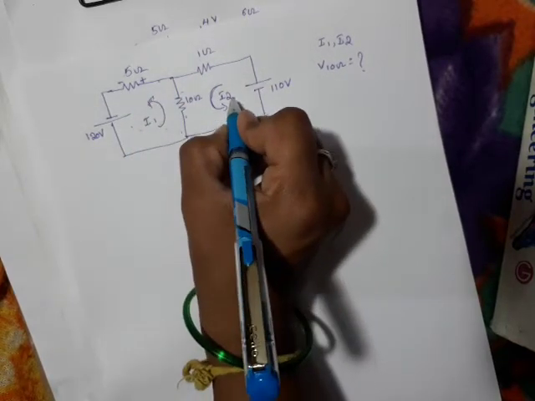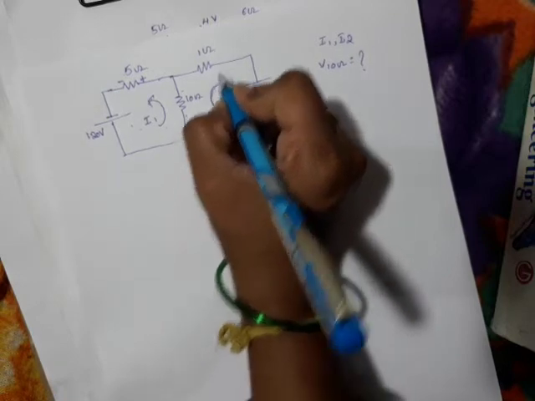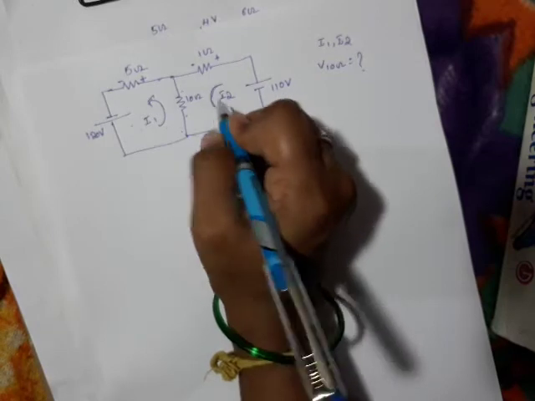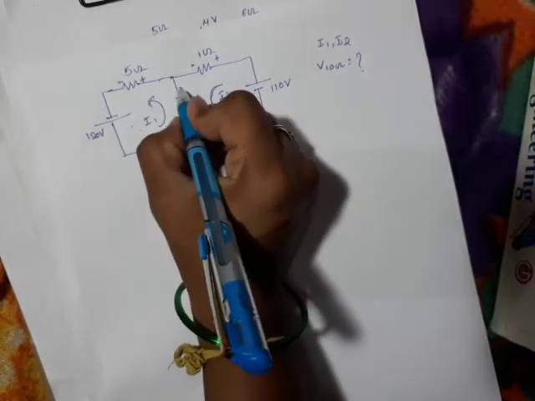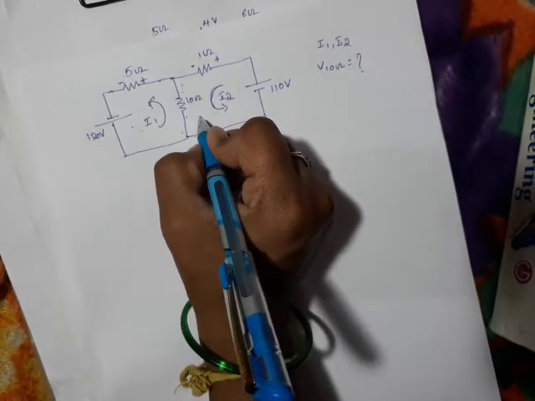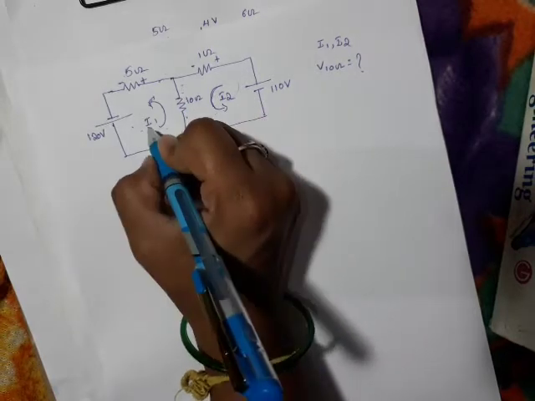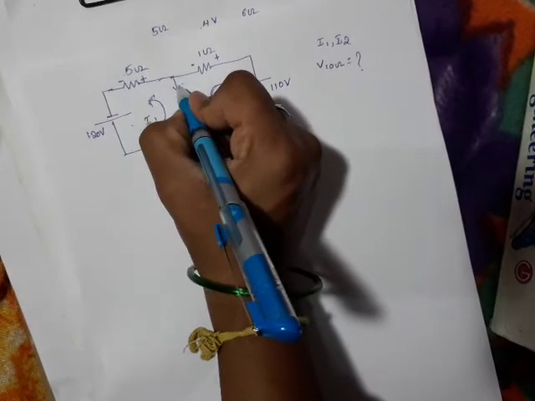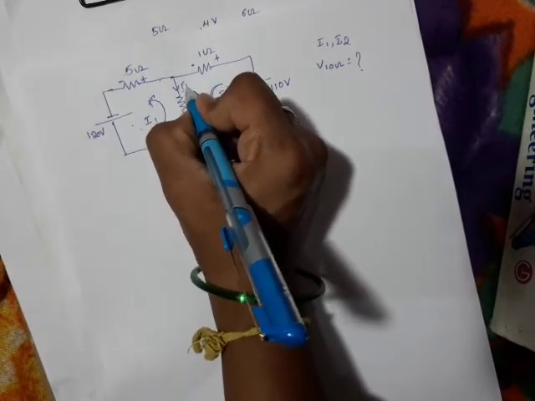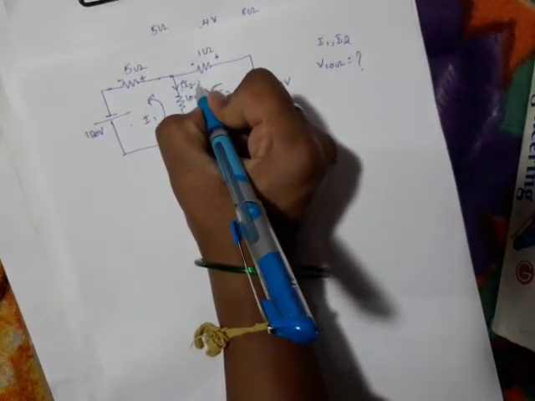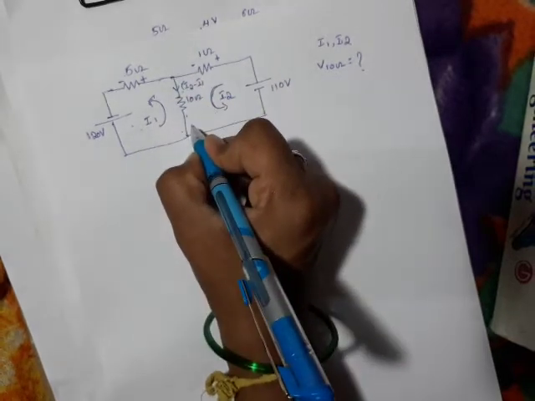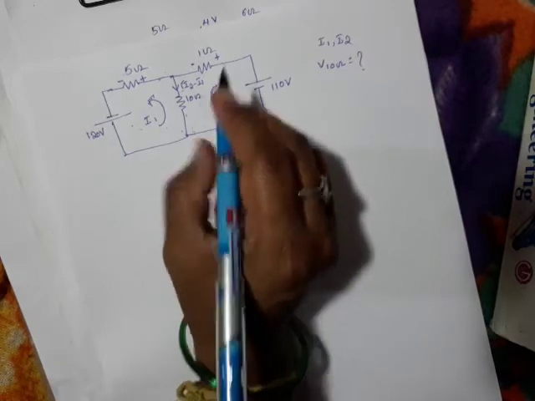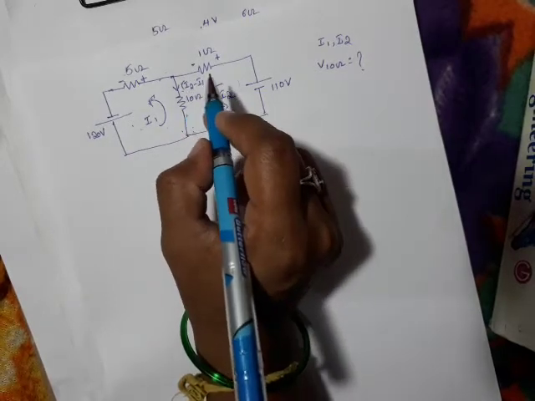Coming to I2, since I2 is also flowing in anti-clockwise direction, this is plus, this is minus, and the current I2 is flowing from positive to negative, from here to here. Current I1 is flowing from here to here. So what is the current flowing at this point? That is I2 minus I1, because I2 is flowing in the positive direction and I1 is flowing in the negative direction.